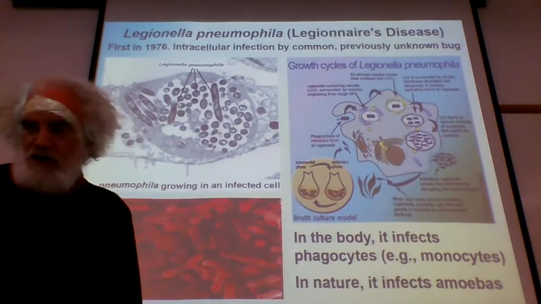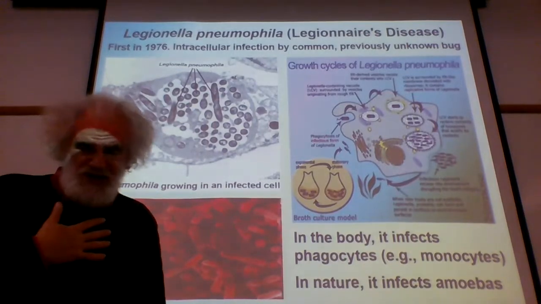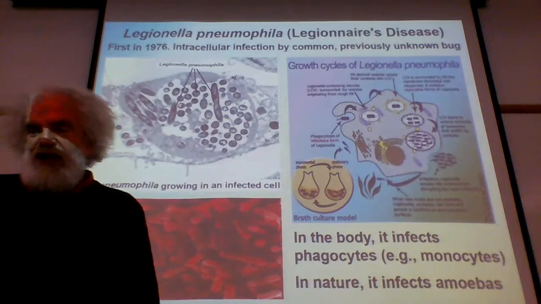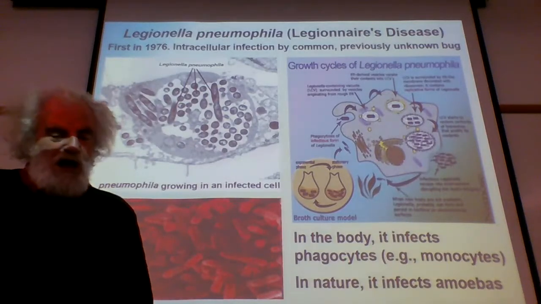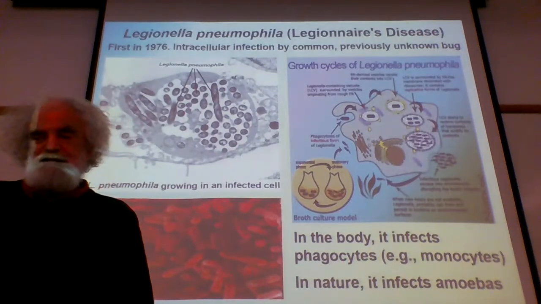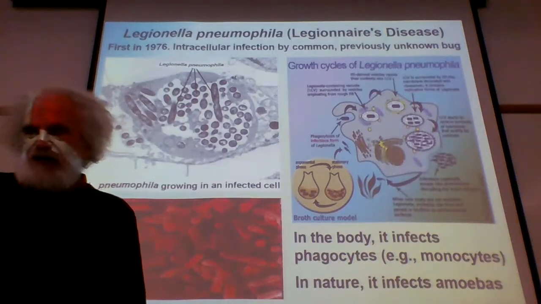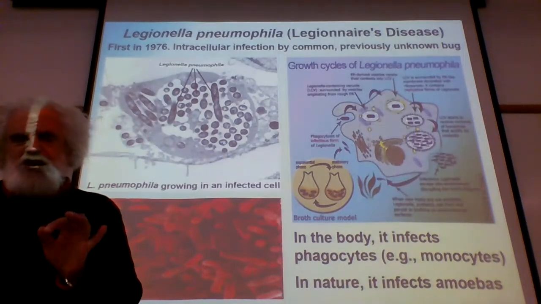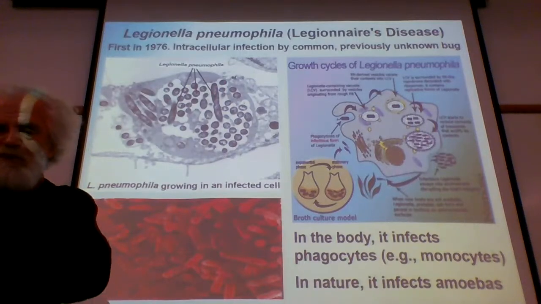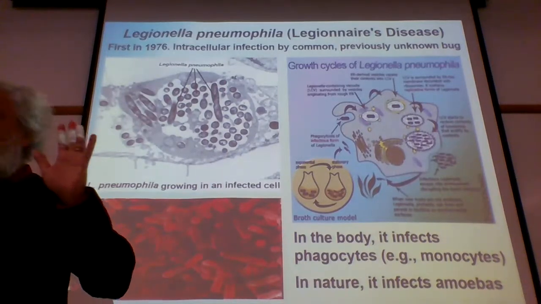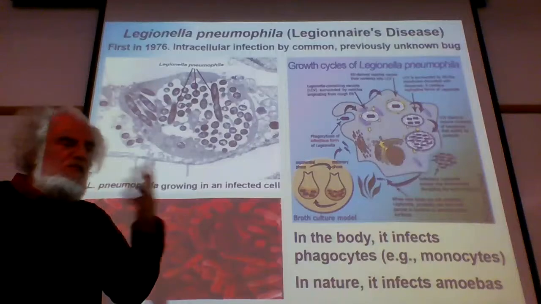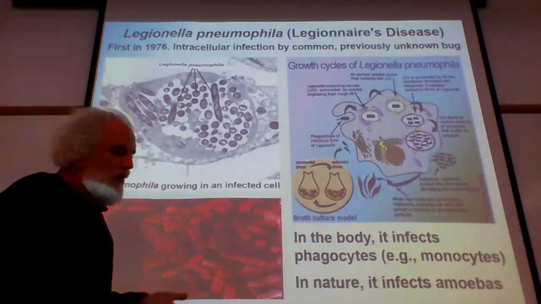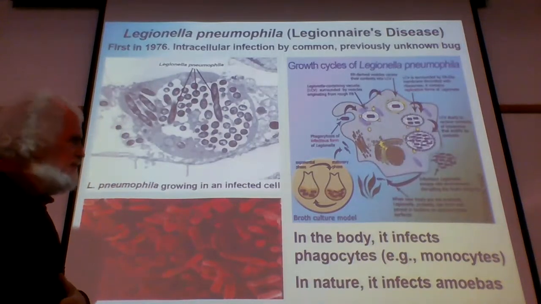The standard kind of epidemiology following Koch's postulates was carried out, in which the causative agent was purified from the people that had the disease, and this is an unidentified bacteria that is now known as Legionella pneumophila, and it is an intracellular infection by a very common but previously unknown bacterium.